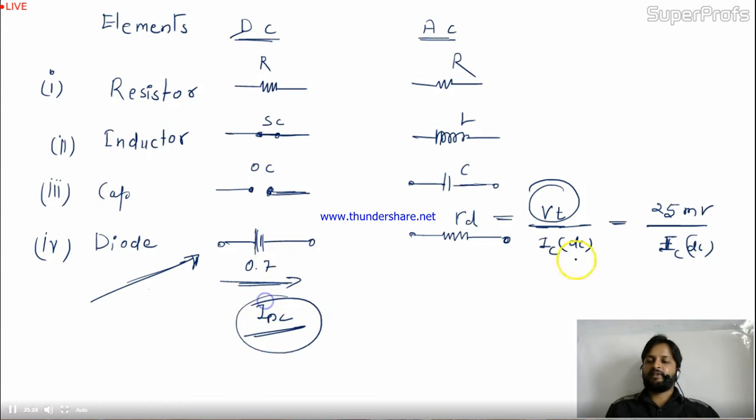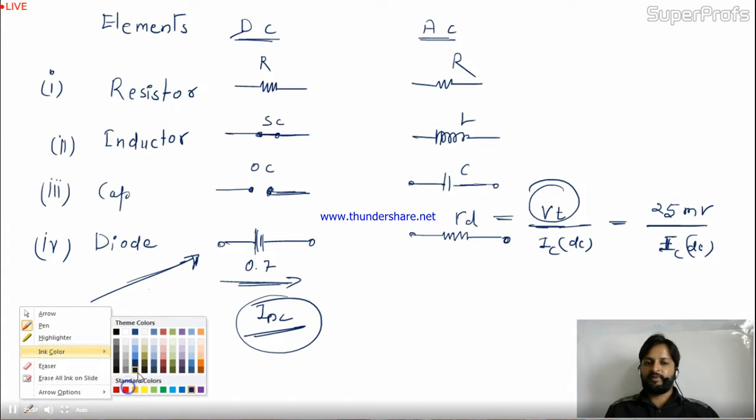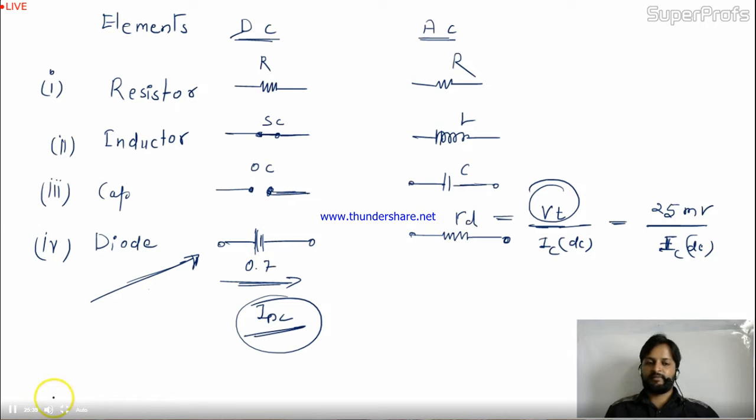You divide 25 millivolt by that current, so you will get RD. This is a very important concept. Please remember it always: for the AC circuit, the diode acts like a resistor.